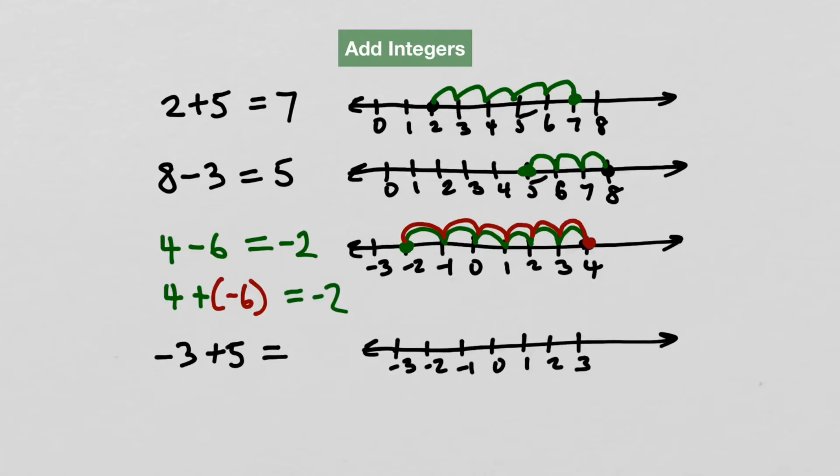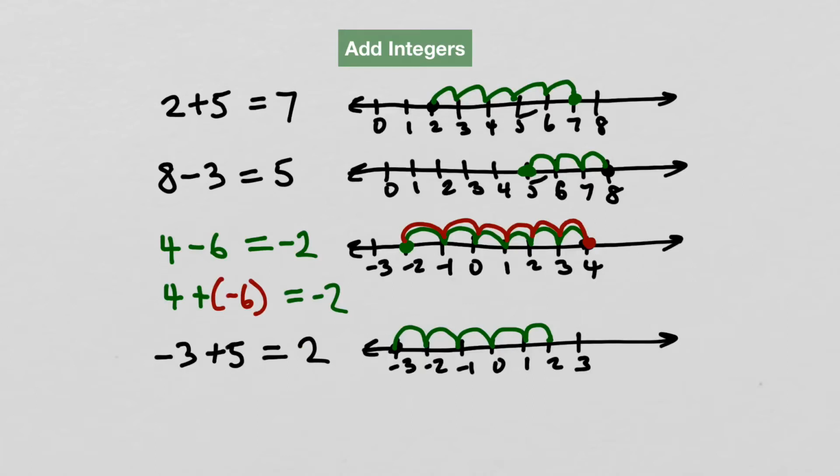I'm sorry, we're going to start at negative 3. And we're adding 5. So we're going to go to the right 5 places. 1, 2, 3, 4, 5. And we get an answer of 2.